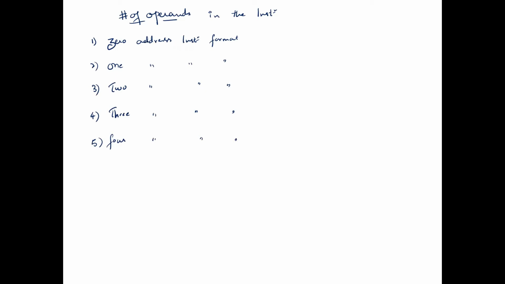Now, what does zero address instruction format mean? There, the operands are not specified in the instruction. Say, for example, clear accumulator. We are telling that there is an operation, and the operands we are not mentioning explicitly. Just an example I'm giving you.